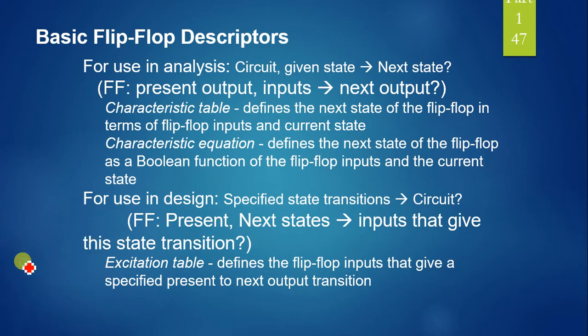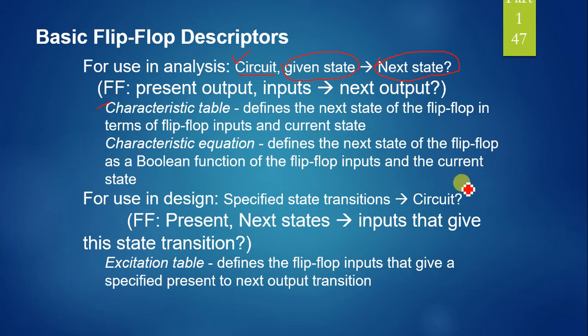So look at this. For most uses in analysis, especially circuit analysis or digital circuit analysis, we require two concepts: what is the given circuit, whether it is a flip-flop or a sequential circuit with a flip-flop, and what is the given state of the flip-flop and the possible next state of the flip-flop. All these things are defined by one table called the characteristic table.